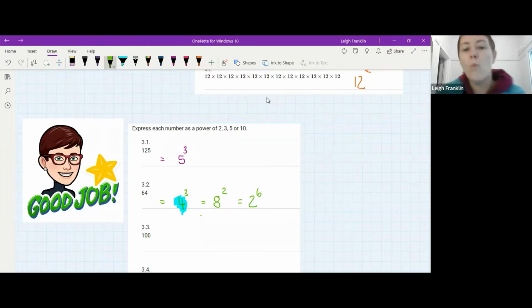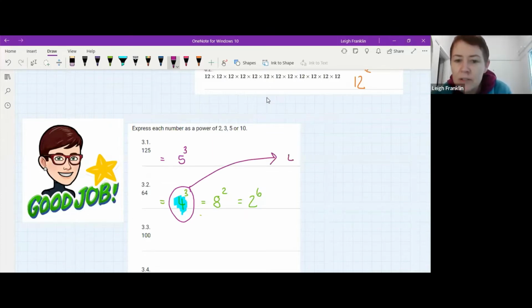So there would be a way for us to work that out though, right? Because we've got 4 to the power of 3. What does 4 to the power of 3 mean? It means 4 times 4 times 4, doesn't it? But we know that 4 is 2 times 2.